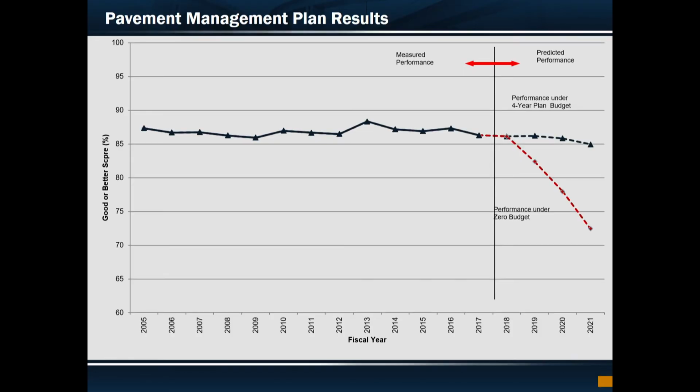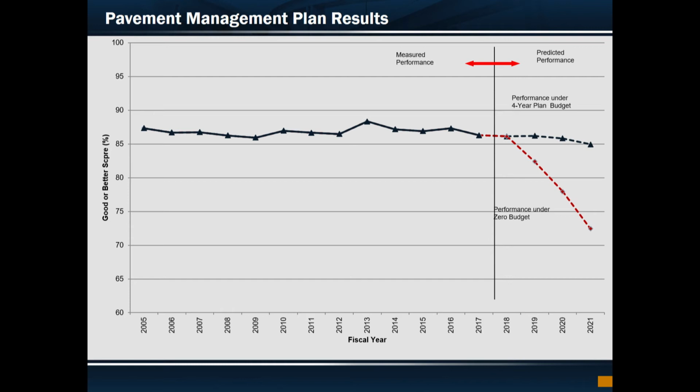These are some examples in the Pavement Analyst, which anybody can pull. They're more like reports. We have trend line charts and some tables. This one shows what we have regarding the performance. Before 2017, that line is measured performance. After that, from 2018 to 2021, we have performance under the 4-year plan projects.